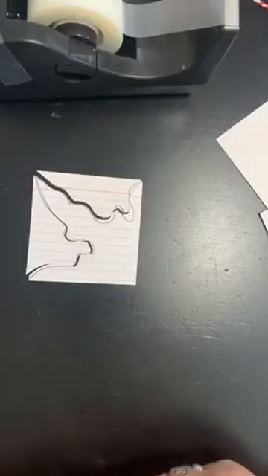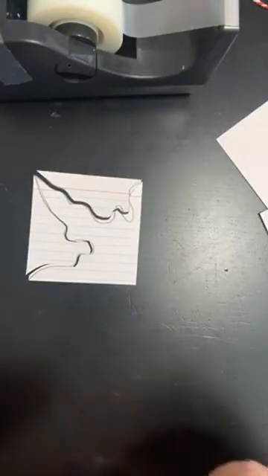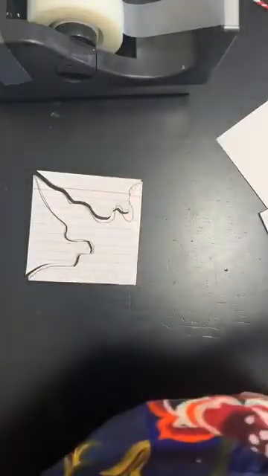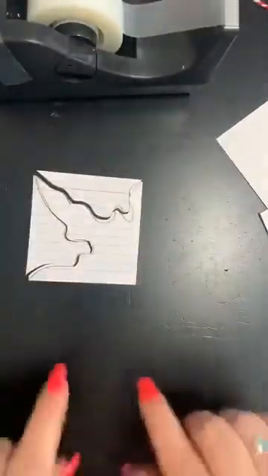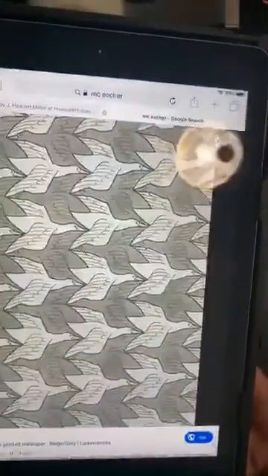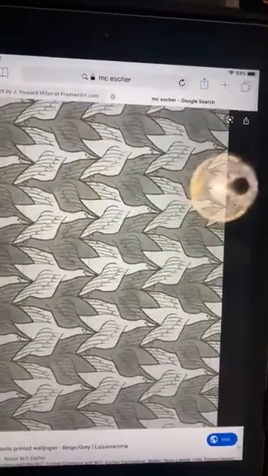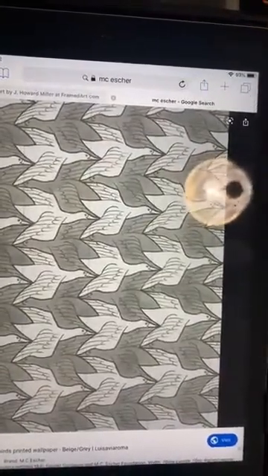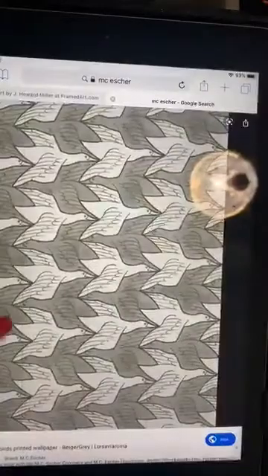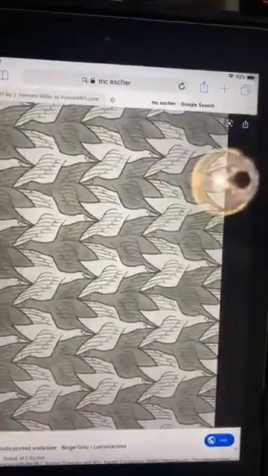The first tessellation that we're going to do is called transfer. And the transfer one looks like one tessellation is following the next. So when we look at this tessellation right here, no, this is not a transfer tessellation because they go opposite of each other.